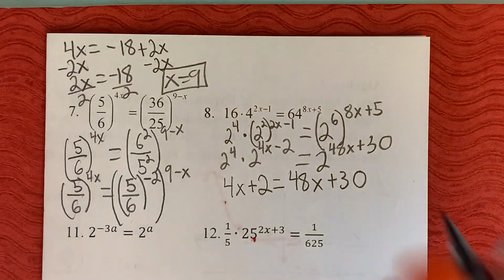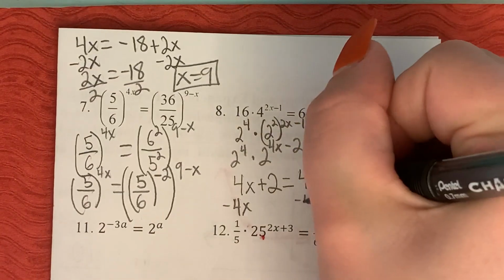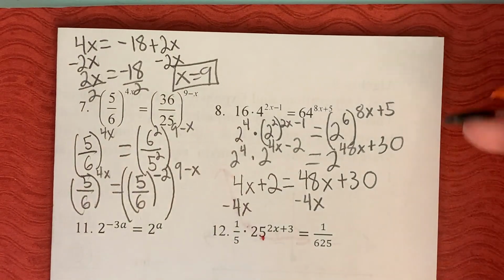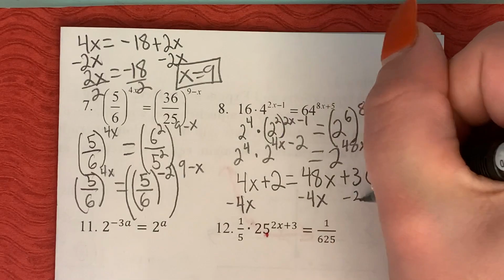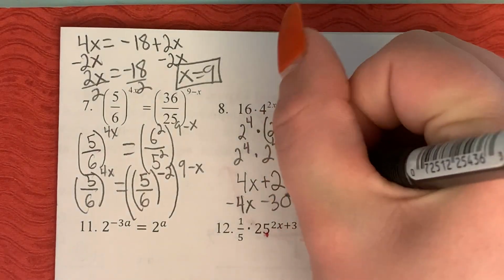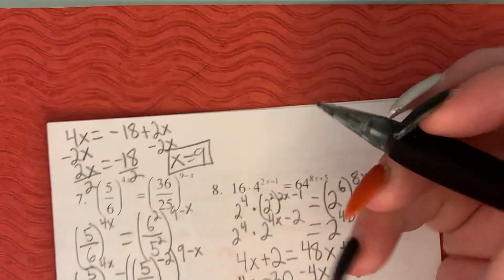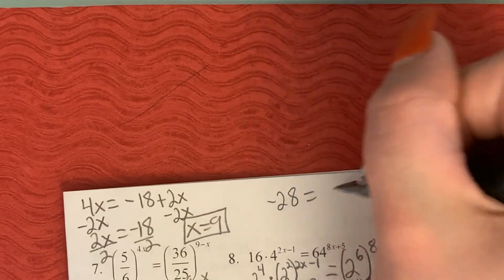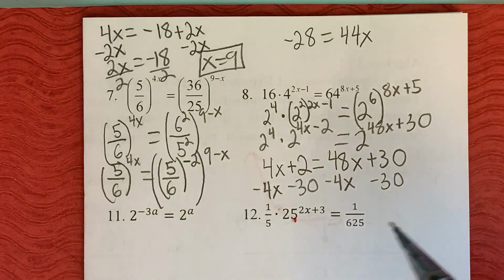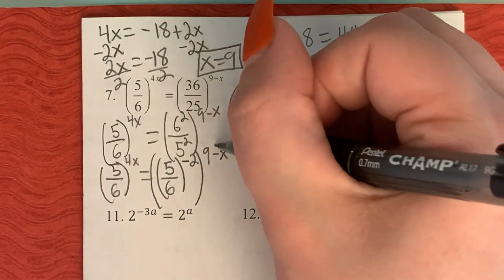So I'll subtract 4x from both sides. That will cancel on this side, so I need to subtract 30 from both sides. That gives me negative 28 equals 44x. I'm going to jump up here because I'm running out of room.